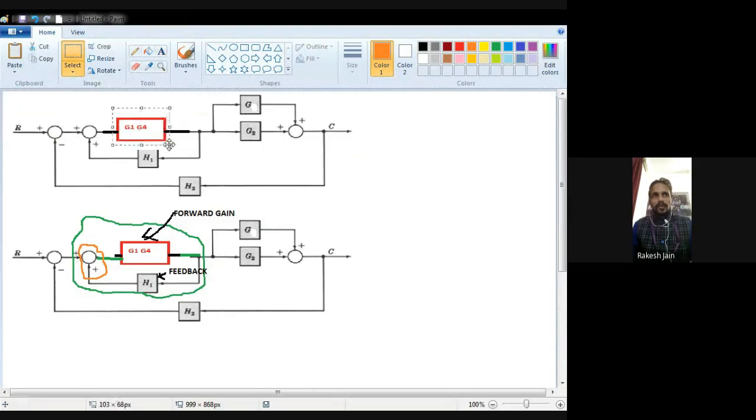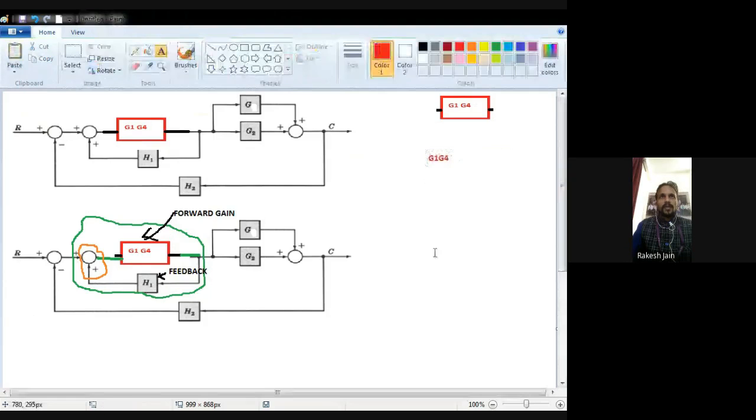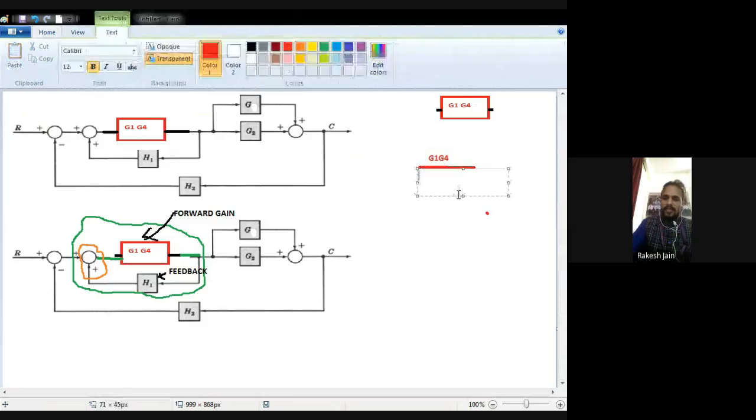I will once again copy and paste so that you understand what our first step was. In the first step we multiplied G1 and G4 because they were in cascade. Now to solve this one we have to find the transfer function of this. What is the forward gain? G1 G4 is the forward gain, divided by 1 plus or minus, so 1 with feedback. The forward G1 G4 is multiplied by the feedback, and the feedback is H1.